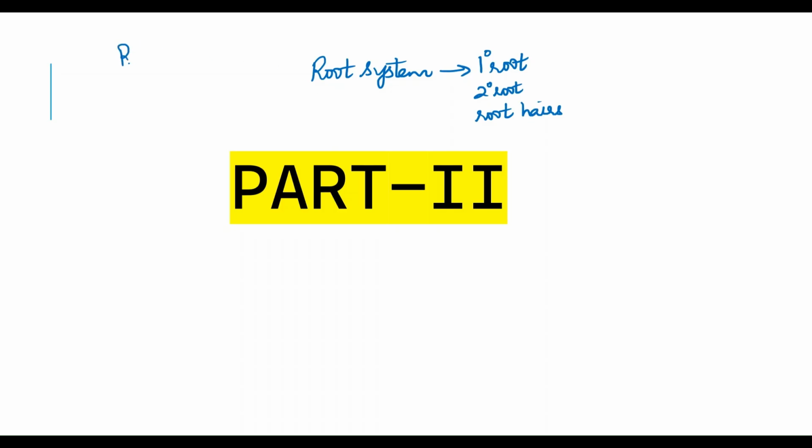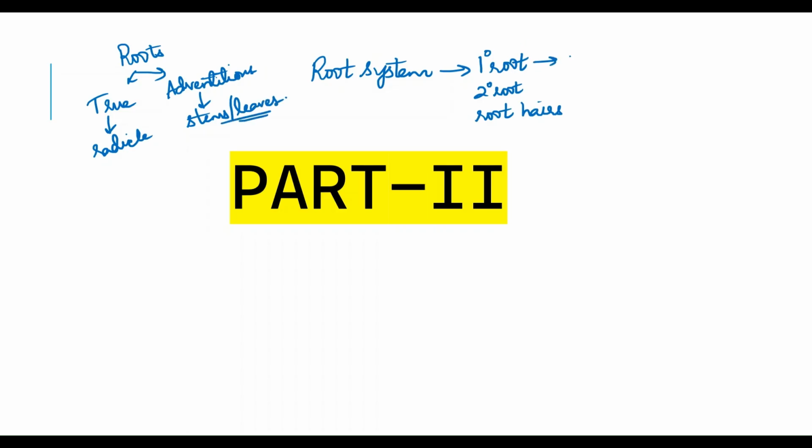We also discussed that roots can be classified into true roots and adventitious roots. What are true roots? These roots develop from the radicle in an embryo, whereas adventitious roots can develop either from the stems or leaves, right?